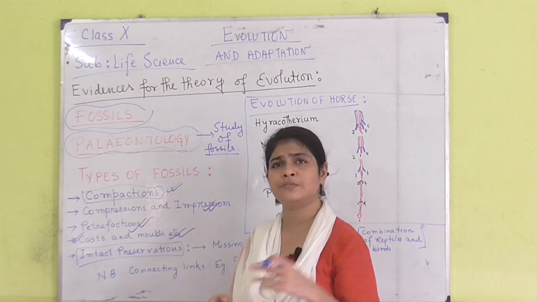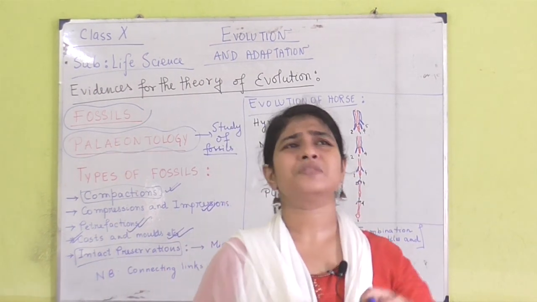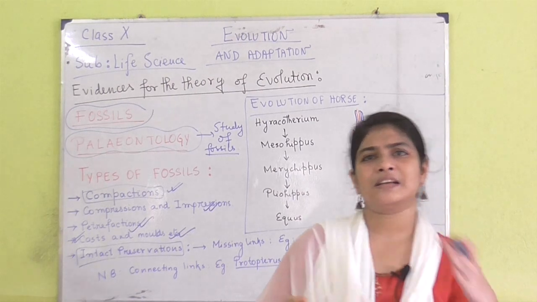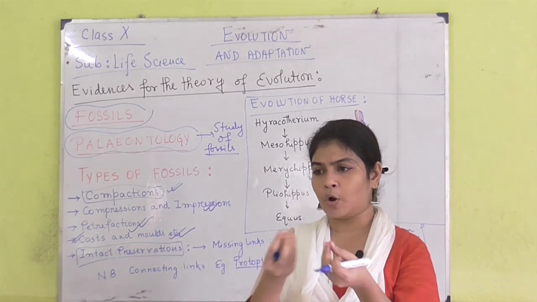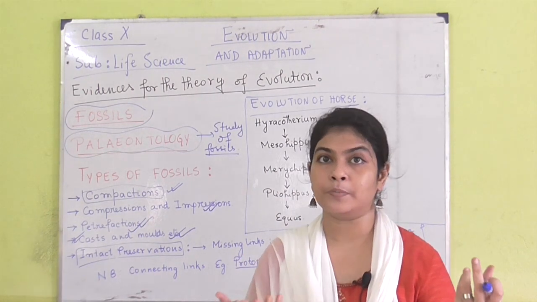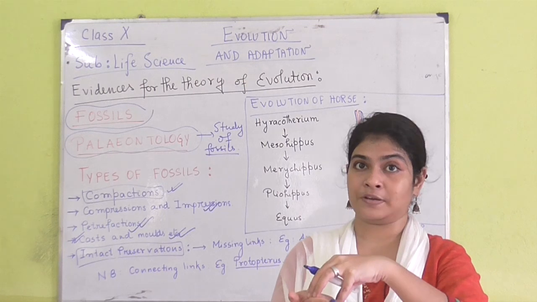Whereas in the other types, we will see that due to the various processes of weathering, sedimentation, casting and molding, the body of the animal itself gets decomposed, but the molds remain in that particular soil or rock or whatever.